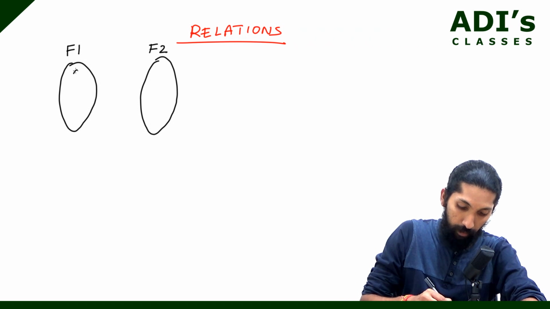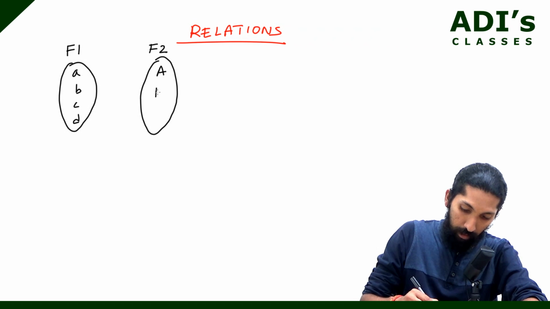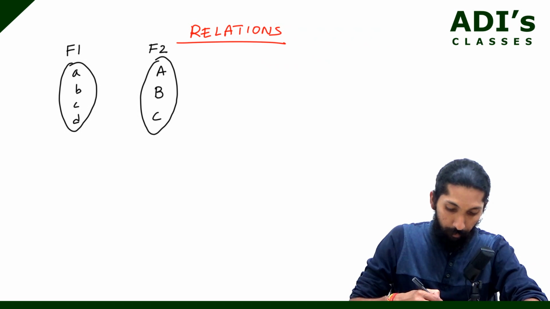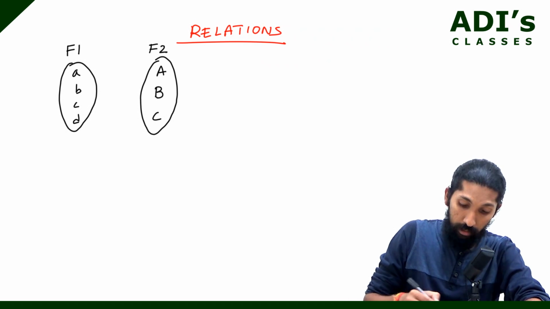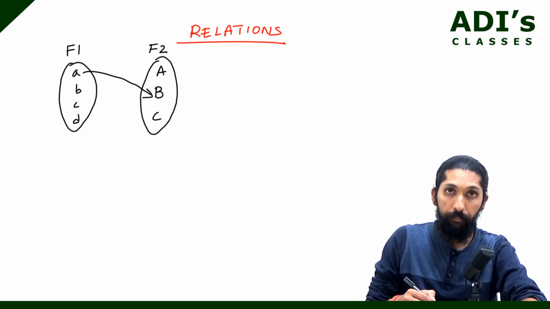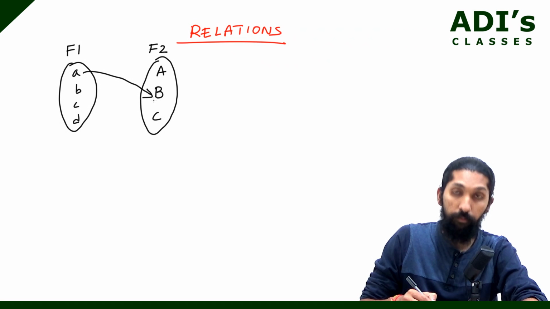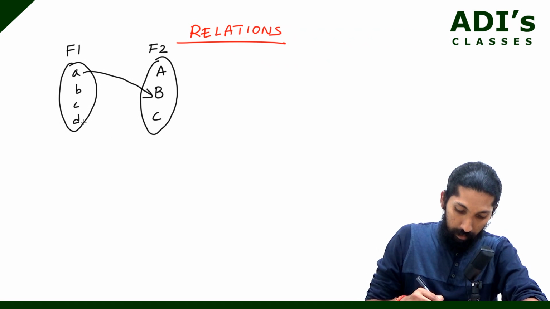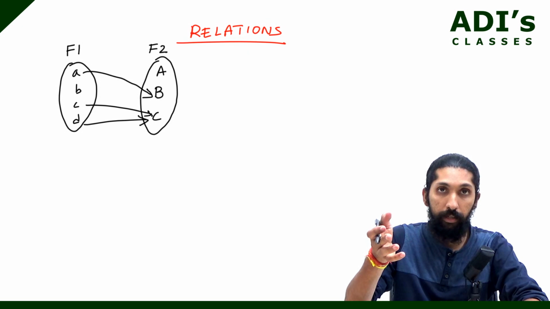Here we have A, B, C, D, and let's say we have here A, B, C. Now we can tell that maybe small letter A is the brother of B. And let's say that once you have A is the brother of B, then we can say that C is related to C, D is also related to C. In the sense, it's more like family, correct?